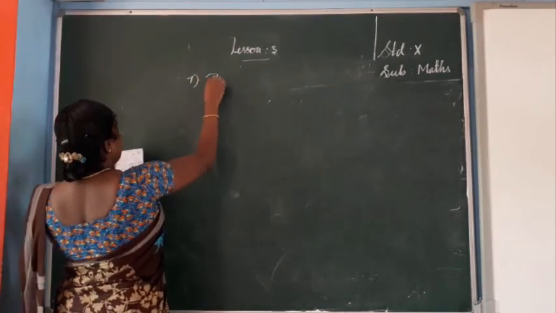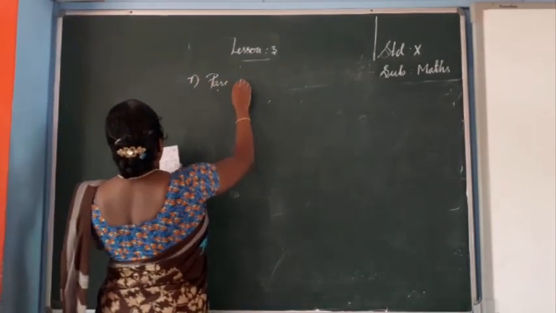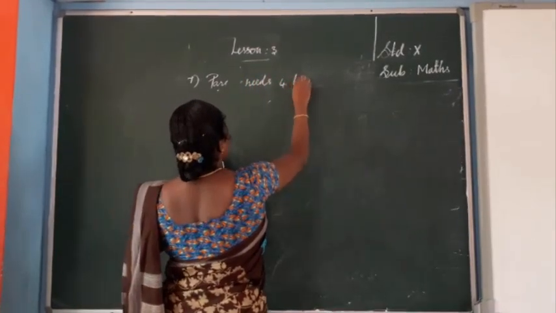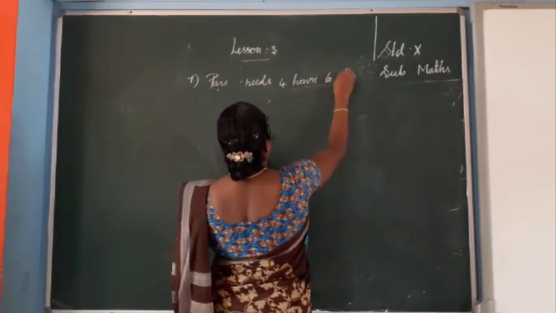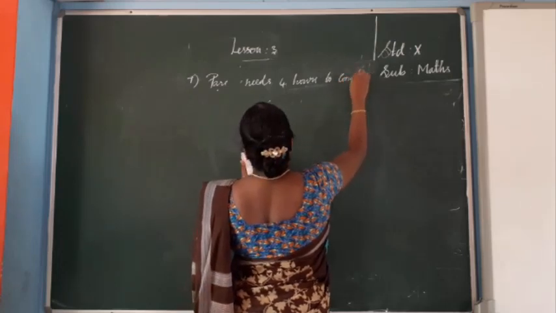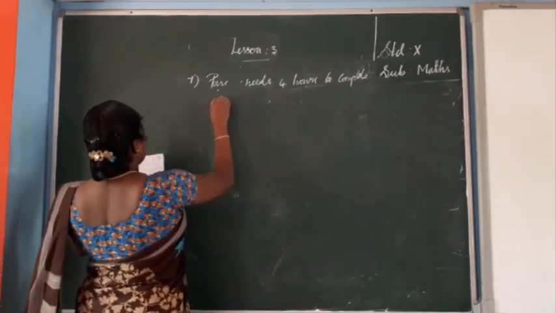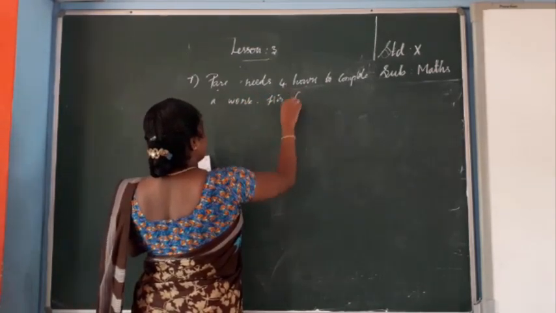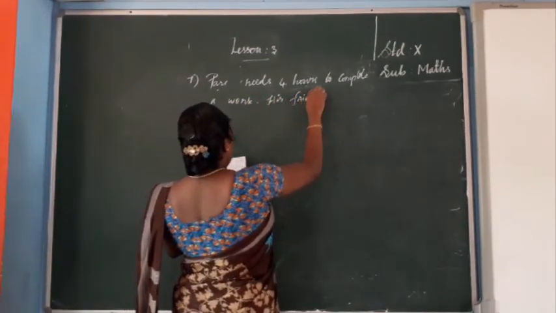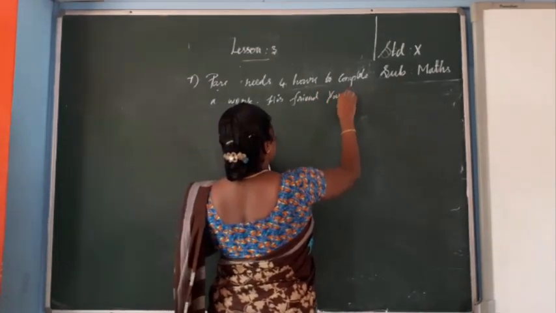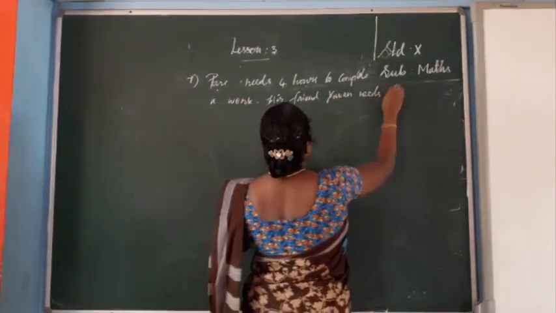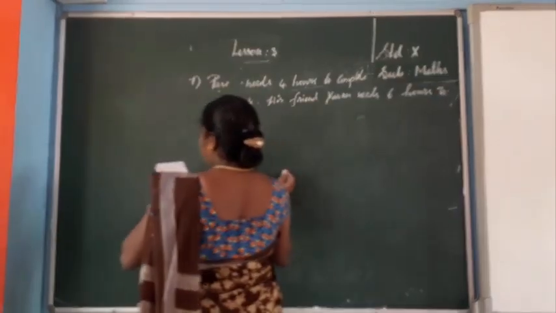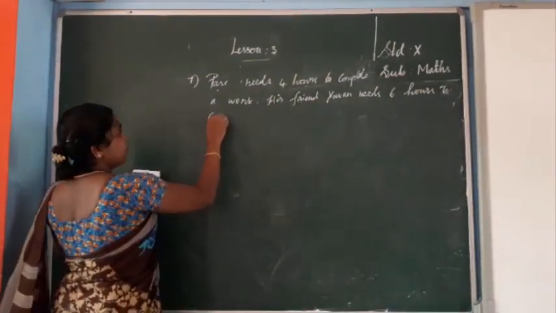Number 7. Harry needs 4 hours to complete a work. His friend Yuvan needs 6 hours to complete the same work.